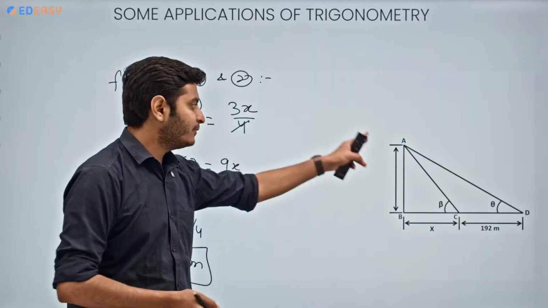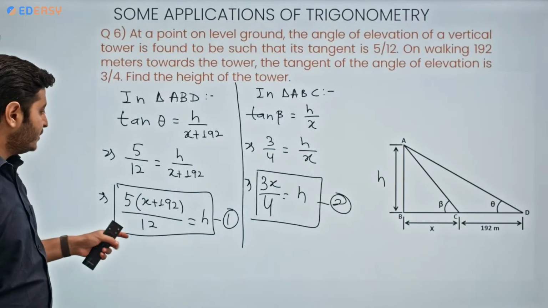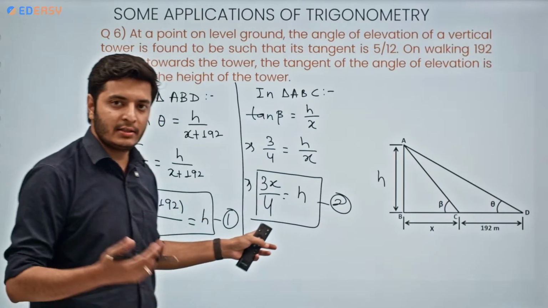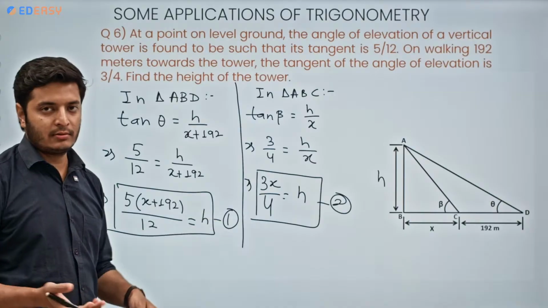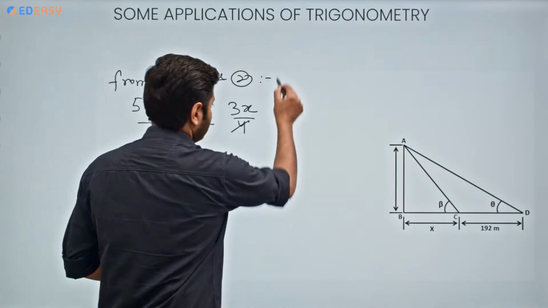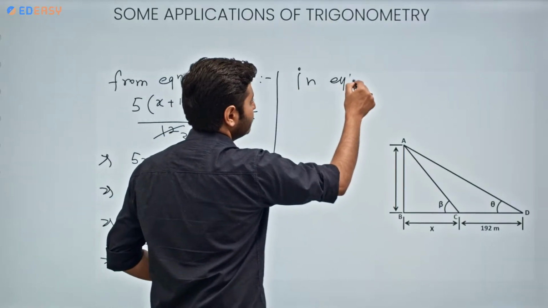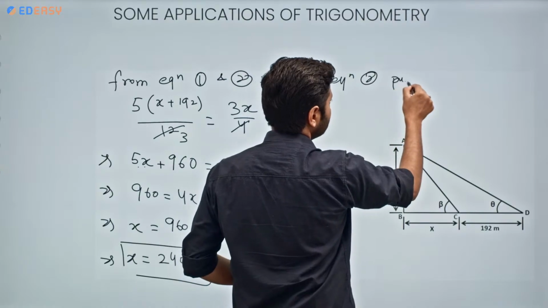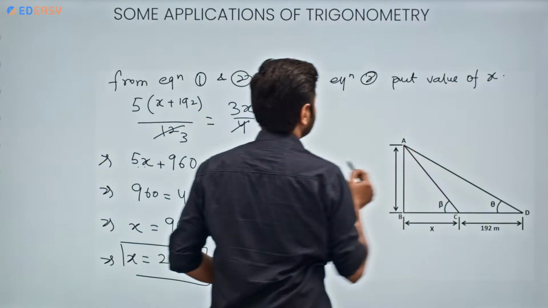But still we need to find the height of the tower, correct? So is there any relationship between h and x? This one is easier to use, although there are two. You can go with any, but I will choose this one, easier to solve. 3x by 4 is equal to h. So in equation 2, put the value of x.